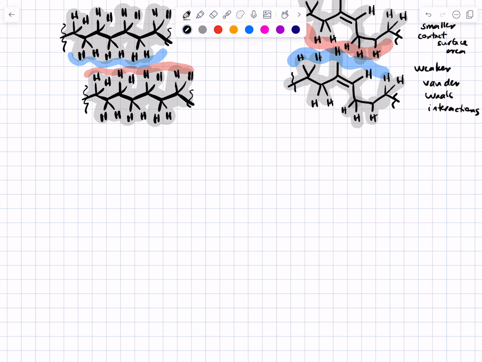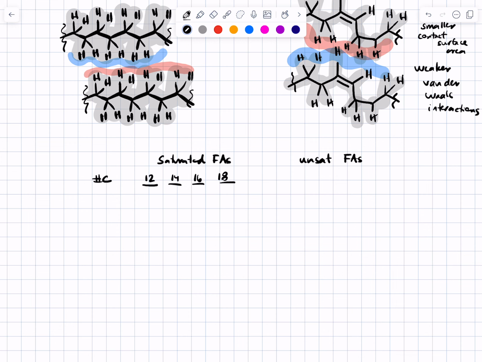I'm just going to write some data here for you so you can get a sense for things. Here we're going to write saturated fatty acids, and over here unsaturated fatty acids. I'm just going to put the number of carbons in each fatty acid: 12, 14, 16, 18 carbons.